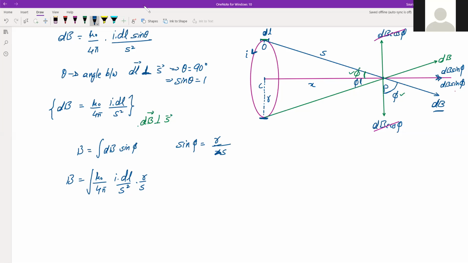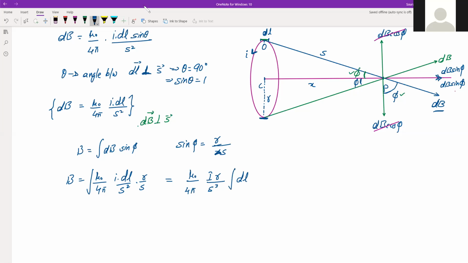Now everything is there, and we have to integrate this. So this can be written as mu naught divided by 4 pi, I R divided by S cube, since S square into S is S cube, into the integration of dl.